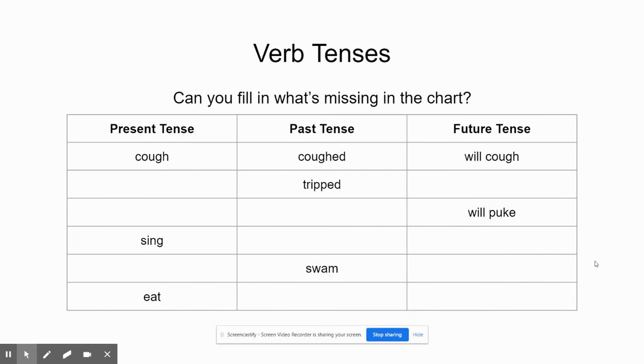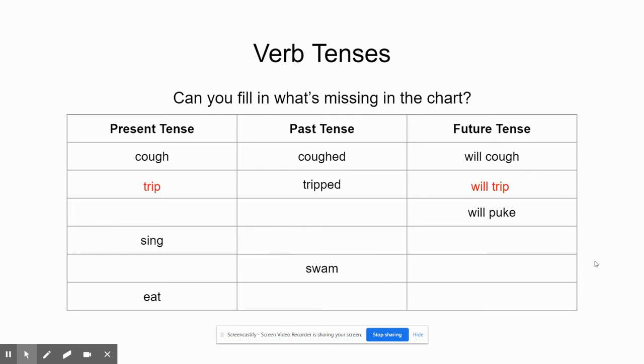Cough, coughed, will cough. The second one, the present tense would be trip, past tense tripped, future tense will trip. So trip, tripped, will trip.